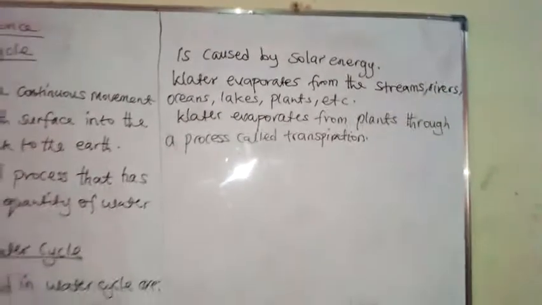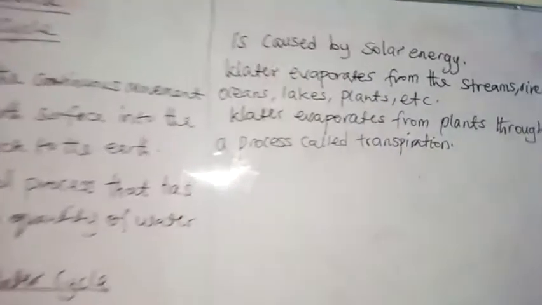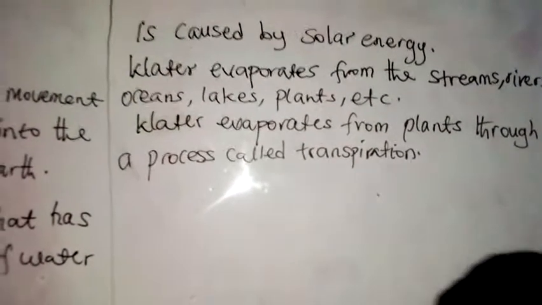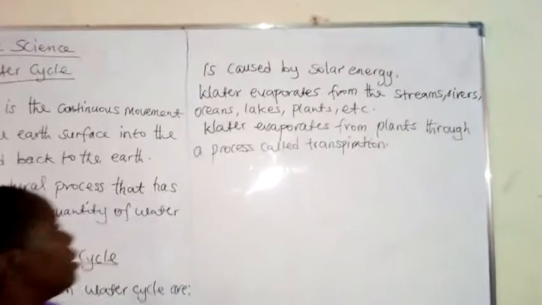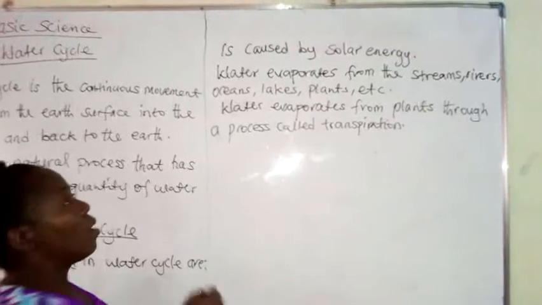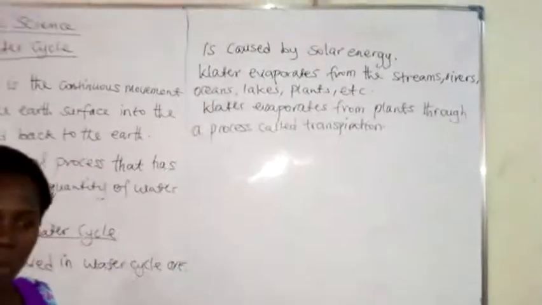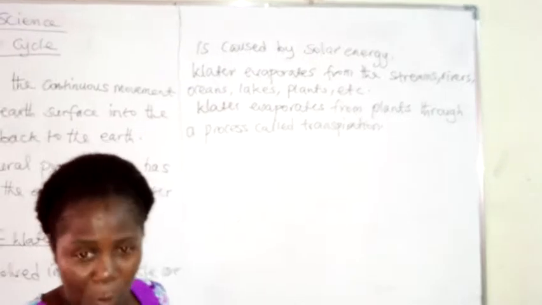All right, then we have to look at condensation. I have told us that condensation is nothing but a process. I have explained it earlier, and now I'm going to put it down for us. Condensation is a process in which water vapor turns to liquid. Sometimes you see mommy boils water, and you see a kind of smoke. Is that what you always see?